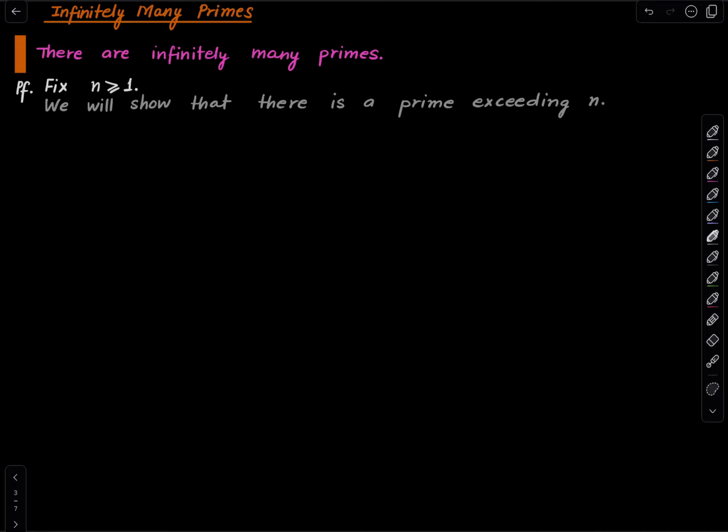So the proof goes by constructing a number which will do the job. So consider x defined as n factorial plus 1, where recall n factorial is nothing but the product of the first n natural numbers.